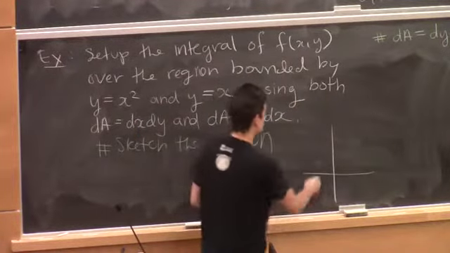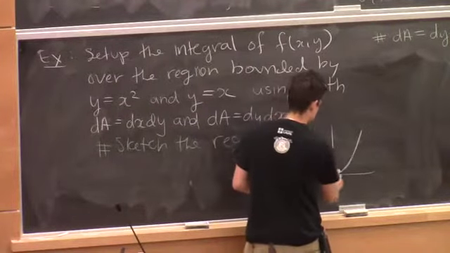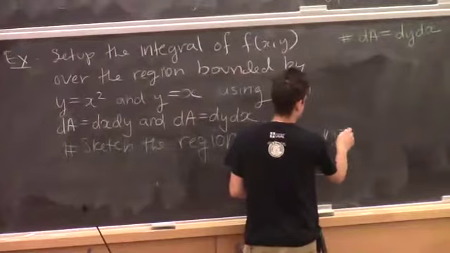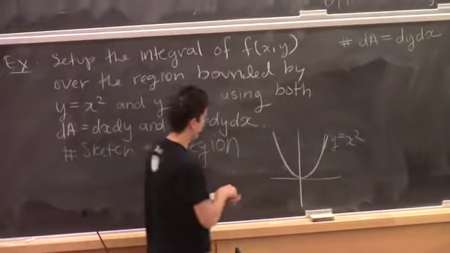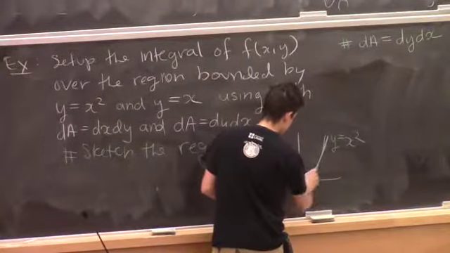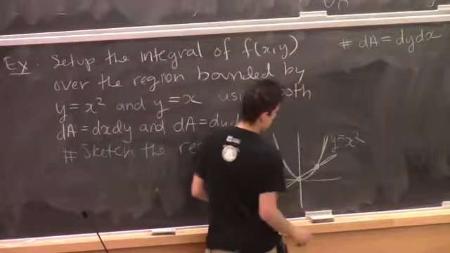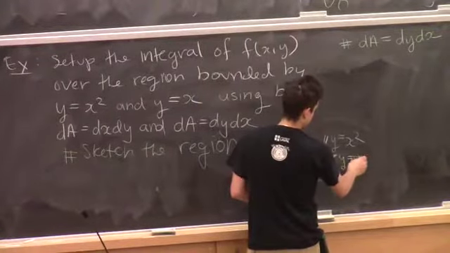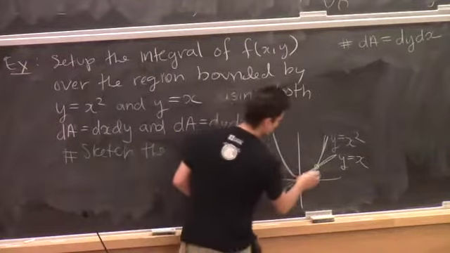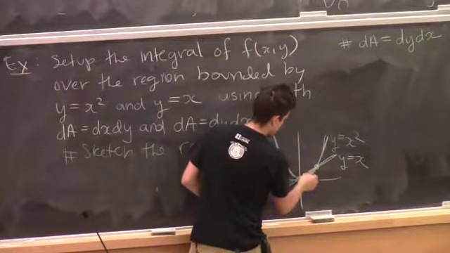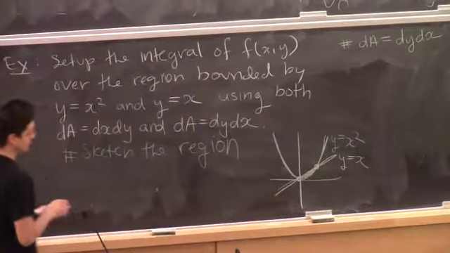So we put in a parabola. There's y equals x squared. And we put in a line. There's y equals x. And then the region we care about is this small region right there, where the two curves meet.